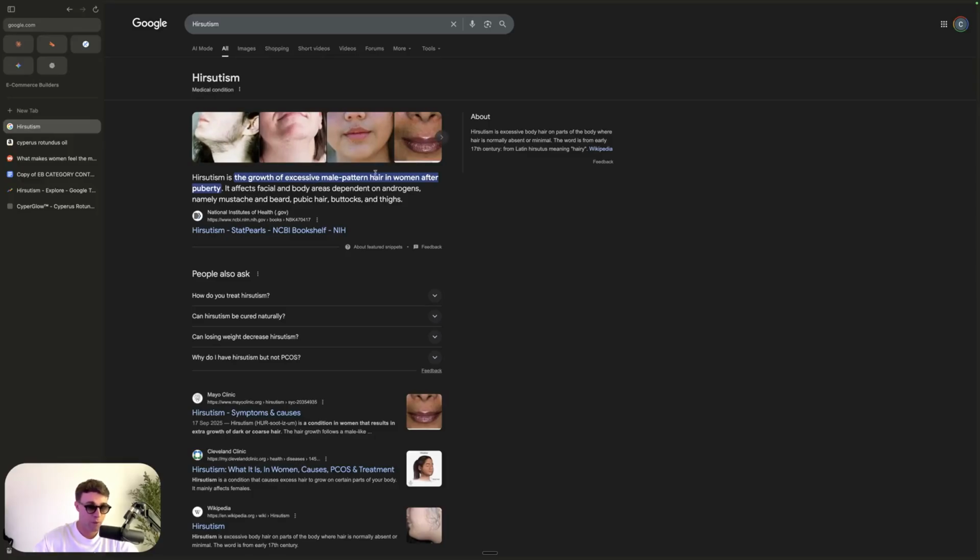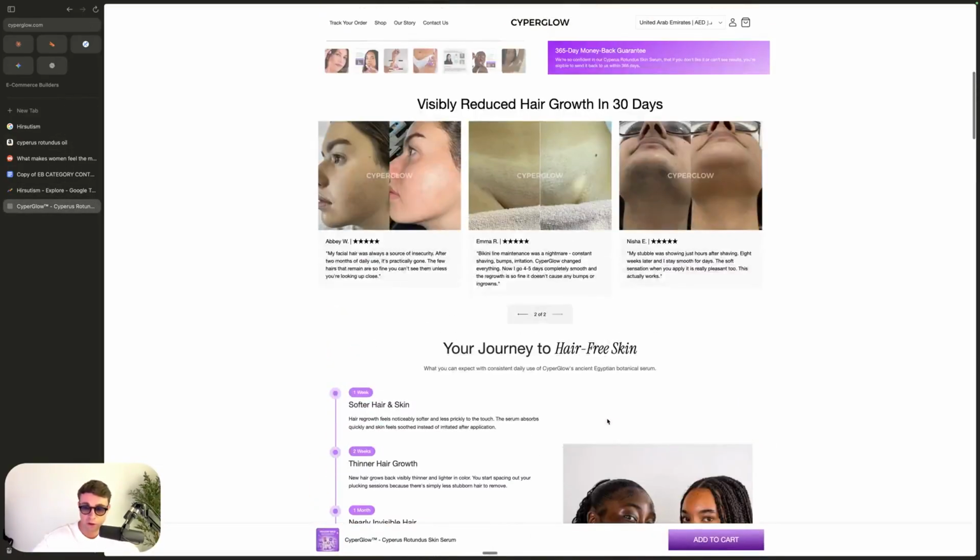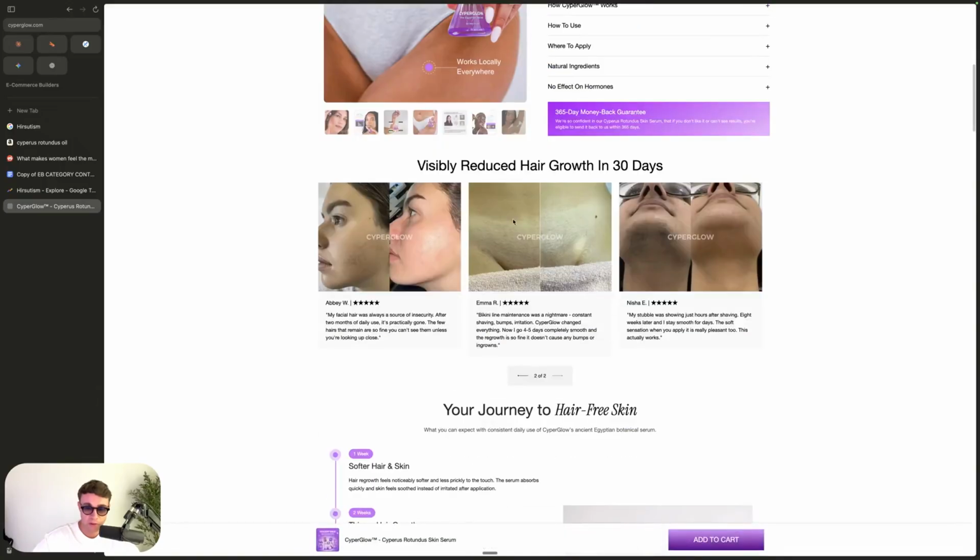You'll have a lot of people who struggle with facial hair, but then some people who don't struggle with facial hair, but maybe struggle around their bikini line, for example, which we saw on their landing page. So that's a way to go deeper into those angles and start extracting sub angles out of them as well. But let's get into the research.